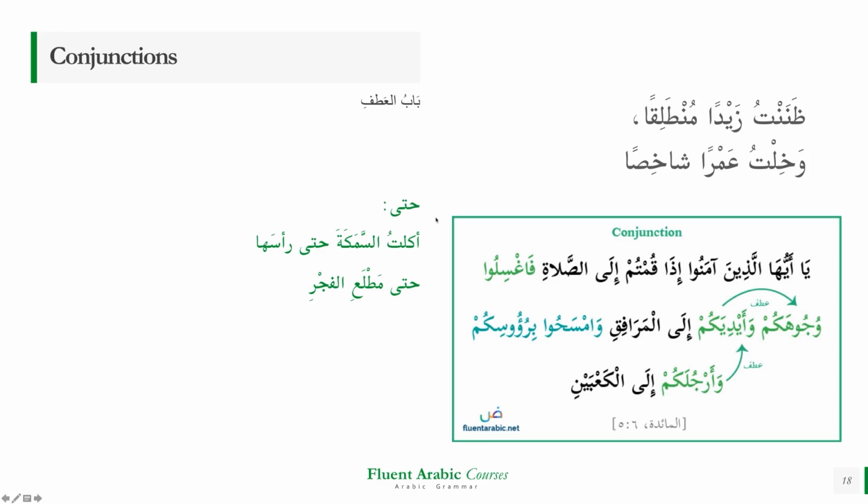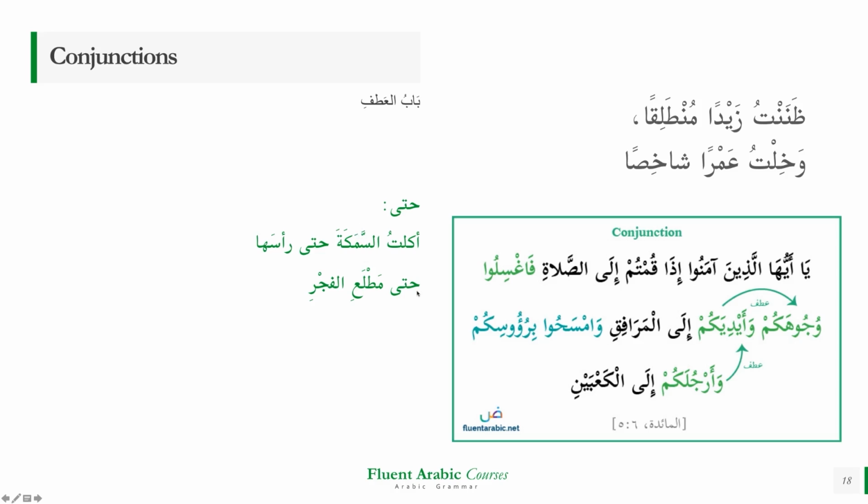The particle hatta, in the matan it said وَحَتَّى فِي بَعْضِ الْمَوَاضِعِ, in only some cases. Why is that? If it comes like this in the sentence أَكَلْتُ السَّمَكَةَ حَتَّى رَأْسَهَا, so here it is atf. I ate the fish and even its head. So رأسها is atf on السمكة.